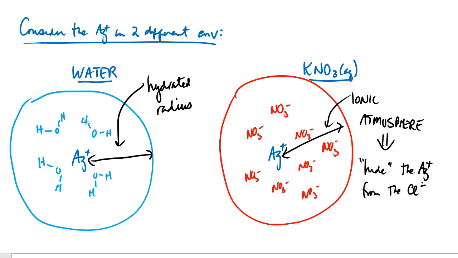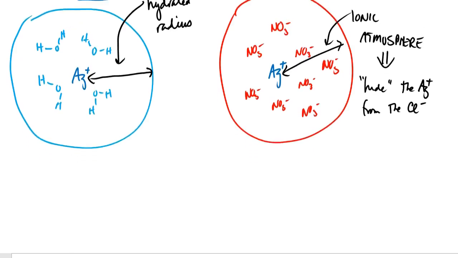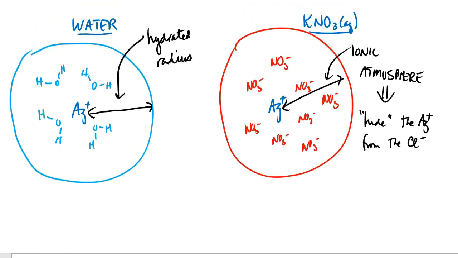So in a solution of KNO3, you have your silver, which has a negatively charged ionic atmosphere. These are all of those nitrates surrounded by that silver. And then chloride, wouldn't it be surrounded by potassium ions in KNO3? So chloride's ionic atmosphere would have a positive charge.